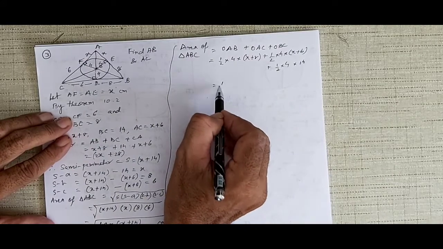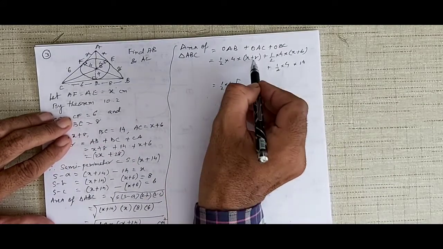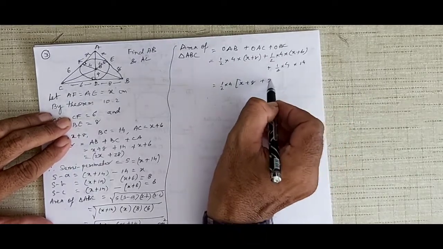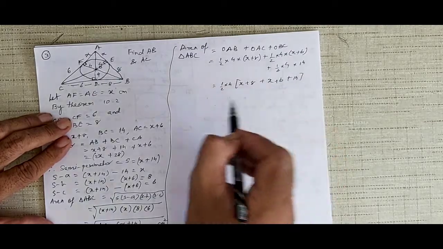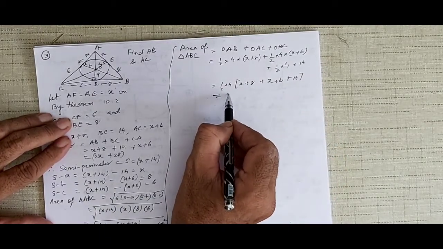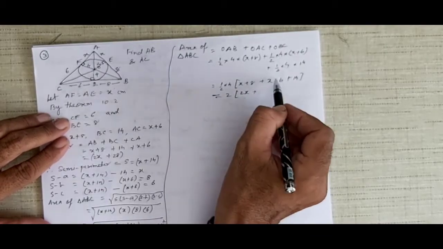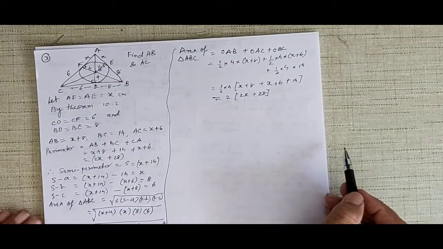So half into 4 you can take out common, into bracket x plus 8, x plus 6 and 14. So this becomes 2 into bracket x plus x is 2x, 14 plus 14 is 28, 2x plus 28.